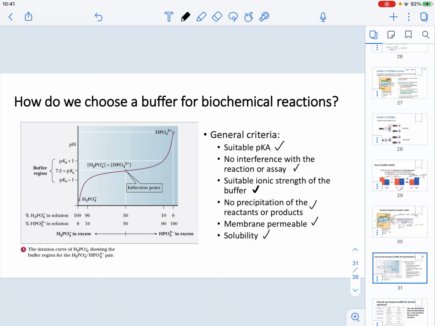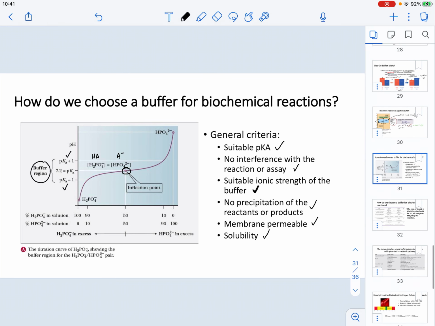Here we have the inflection point, and remember, the inflection point is where we have equal amounts of our weak acid, HA, and its conjugate base, A minus. And our buffer region is always going to be 1 pKa unit above and 1 pKa unit below our inflection point. That's going to be the buffer region.